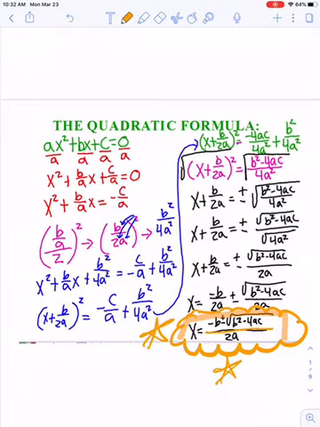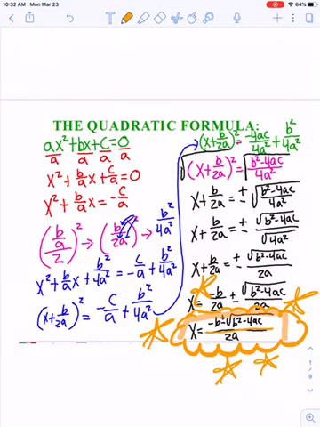Again, please write this down somewhere on a little sticky note, because this is what we're going to use, and this is something that you are going to have memorized. I will show you or tell you about some resources you can use to help you memorize this at the end of today's lesson. But again, this is a quadratic formula. This is what we're going to use to find our solutions.